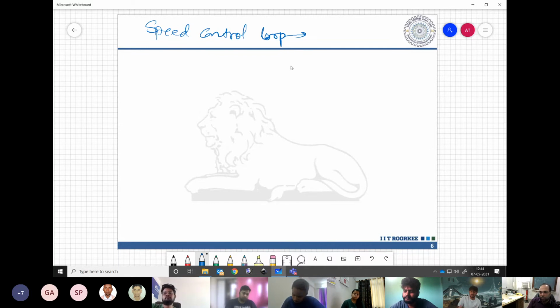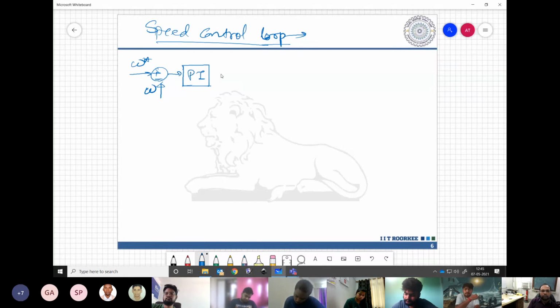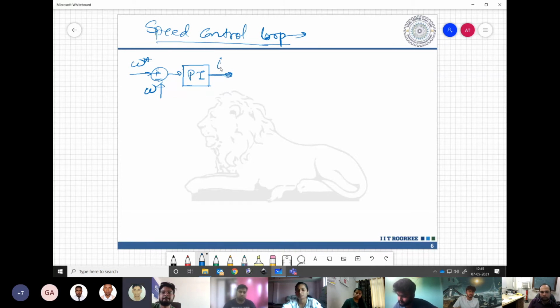This will be very similar to what we have done for the DC separately excited motor or the PMSM. That clear? We have the speed reference and we have the speed feedback. The error is passing through the PI, and which current reference is generated over here? ISQ reference.